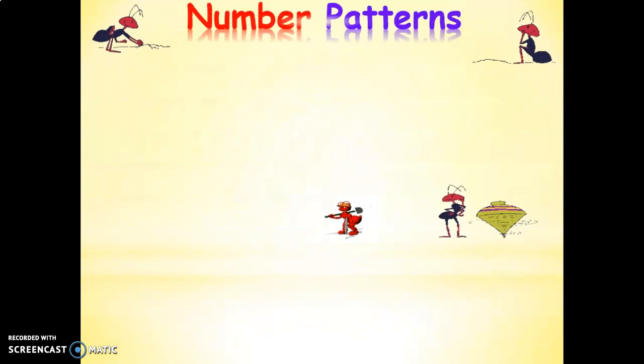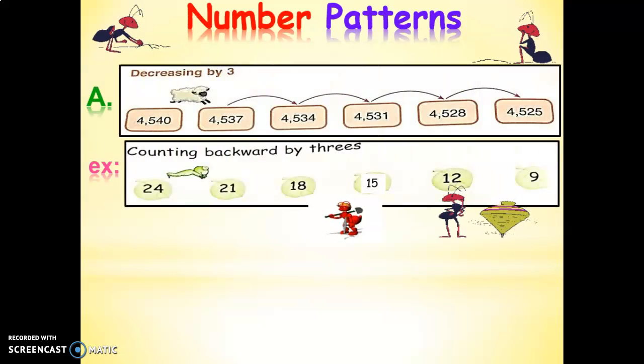This time we are going to continue by learning decreasing by 3. When we say decreasing by, it's the same as counting backward. So for this example, it's counting backward by 3s. For example, letter A, we have 4,540. Decreased by 3 gives you 4,537.